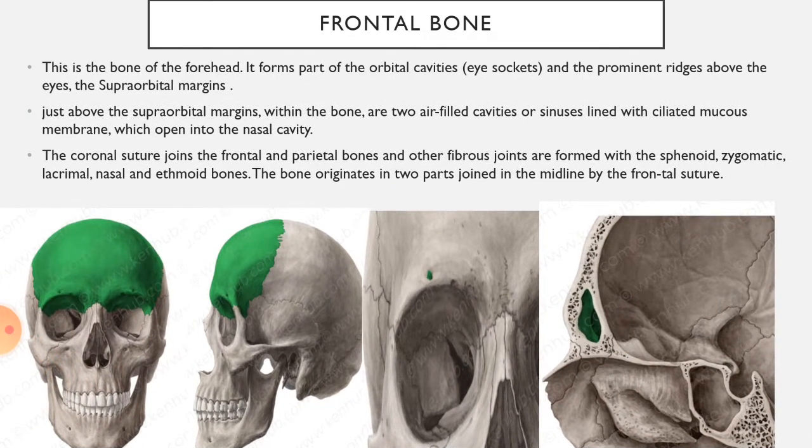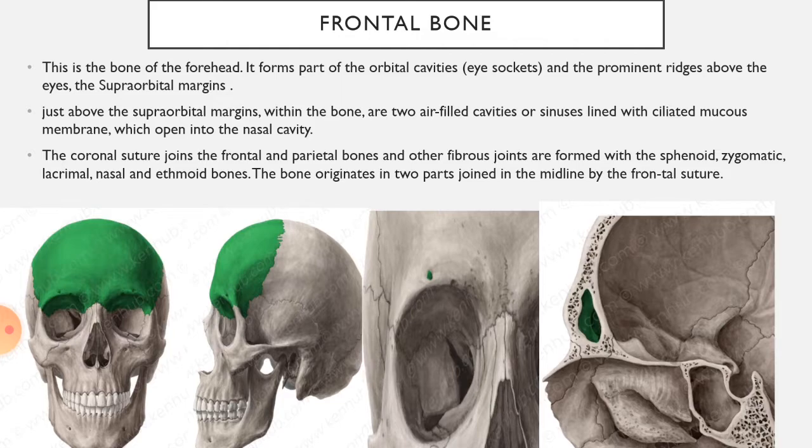Another important point is that the frontal bone forms other fibrous joints as well, with the sphenoid, zygomatic, lacrimal, nasal and ethmoid bones. When they join, they form sutures, and we name them according to the bones that join.